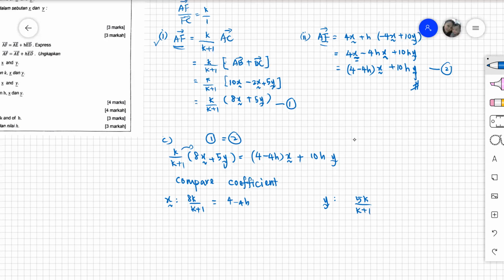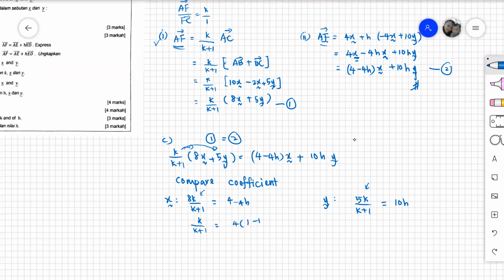Yeah, open up the bracket like this. And then equivalent to the right-hand side, 10h. Now, what I am going to do is, I am going to bring the 8 over and just leave the k over k plus 1 on both sides, because I see k over k plus 1 on both sides. So I'm going to write that as my subject.